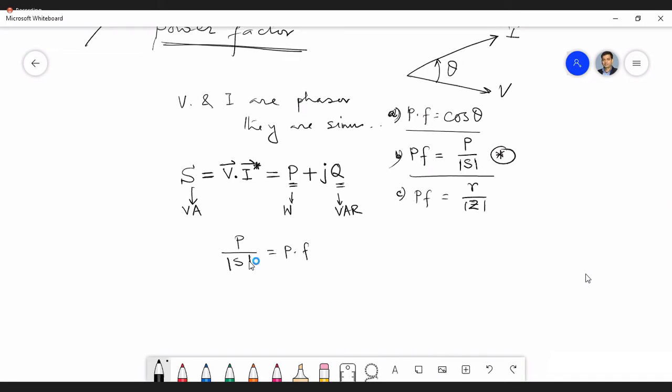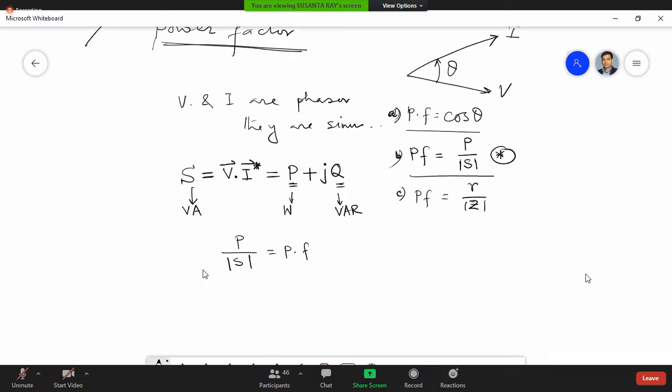That means a non-sinusoidal current cannot be expressed in terms of a phasor. Then what should we do and how should we calculate the power factor? Okay. Are you getting my doubt or problem here? So how should we take care of this? Do you understand what I want to say here?